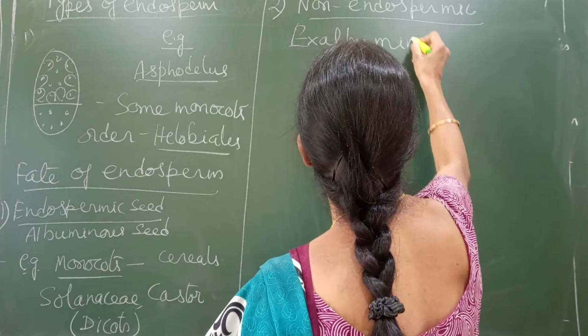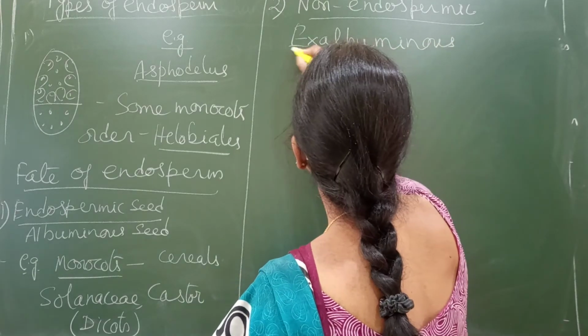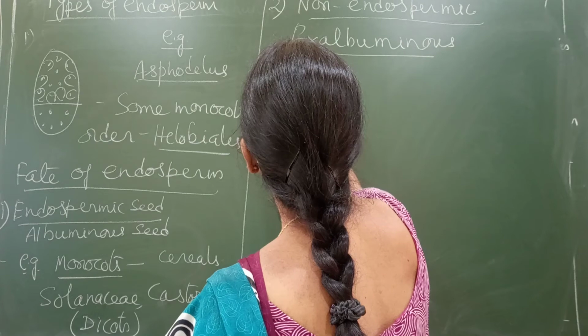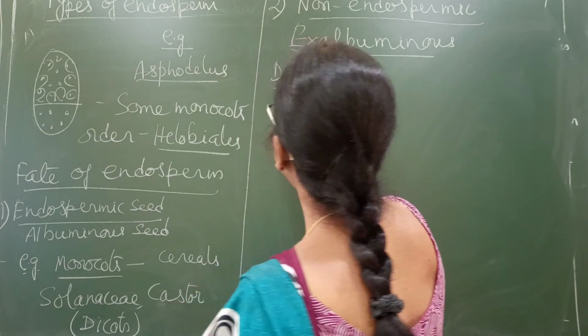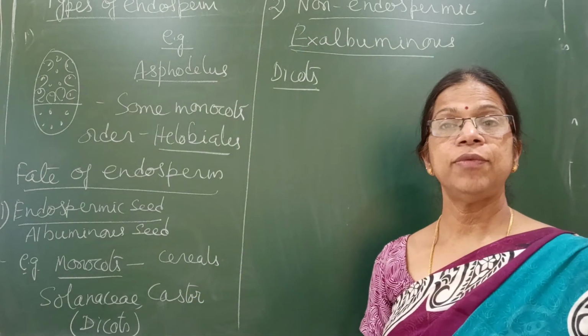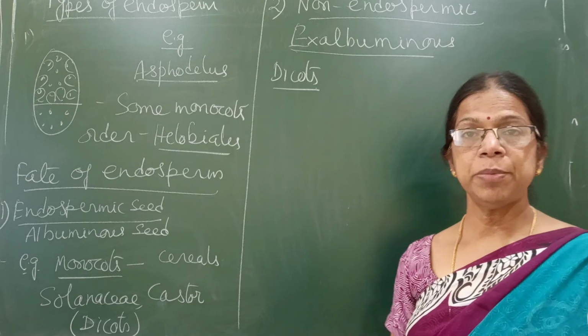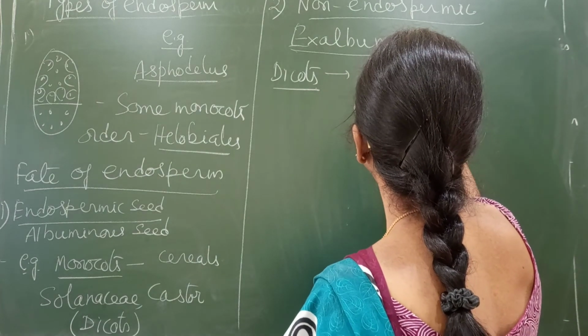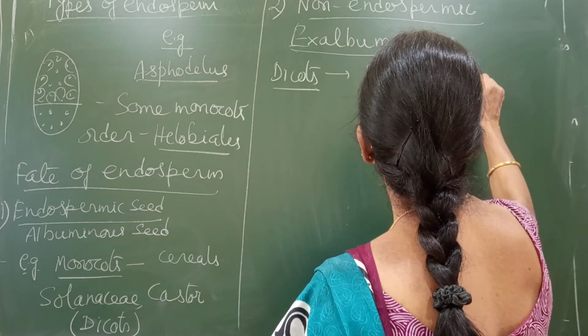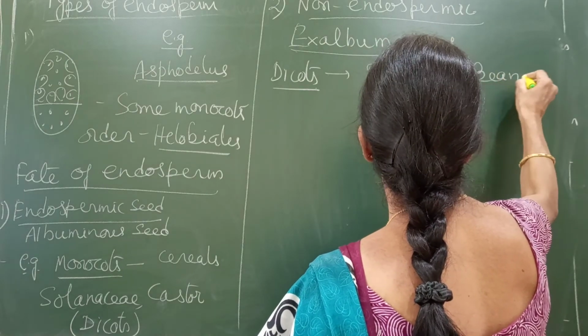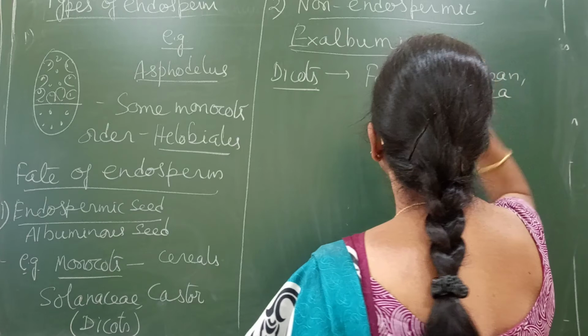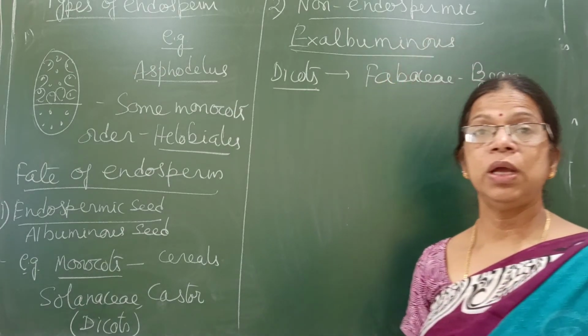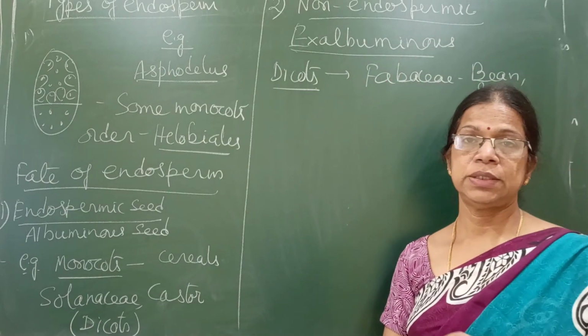Normally dicots do not have endosperm in the seed, like members of Fabaceae, like bean or pea. These are the non-endospermic seeds.